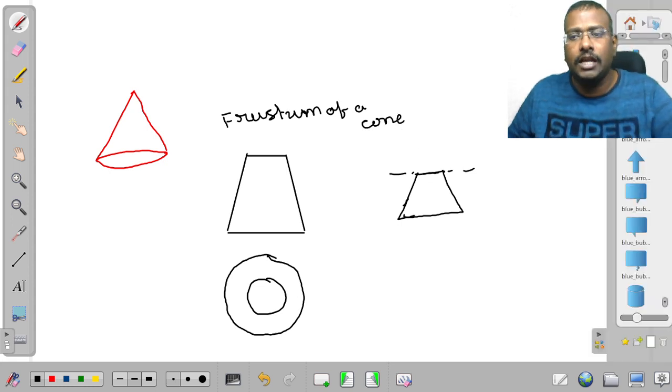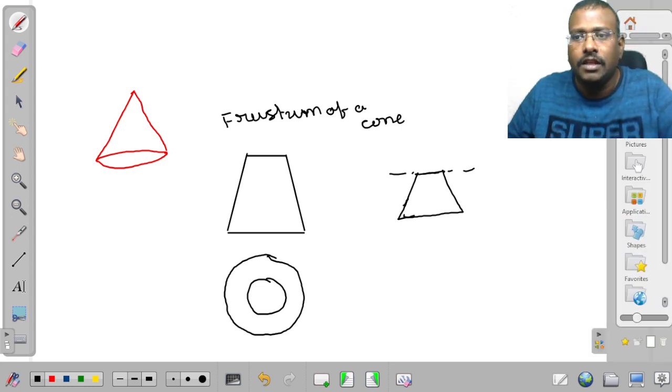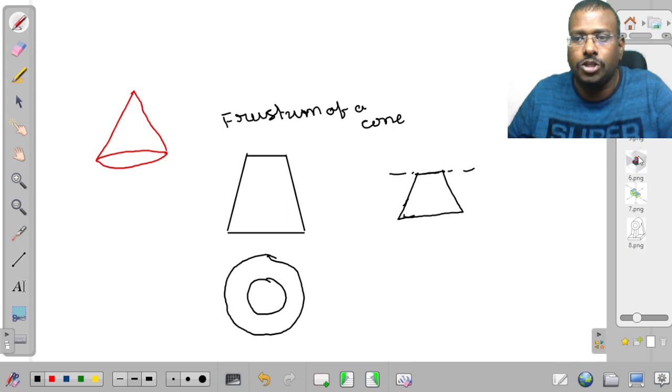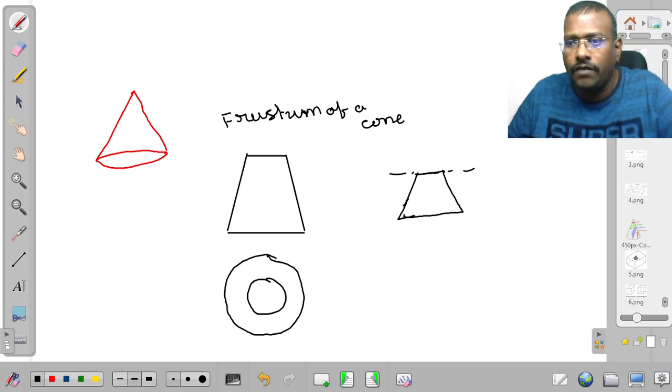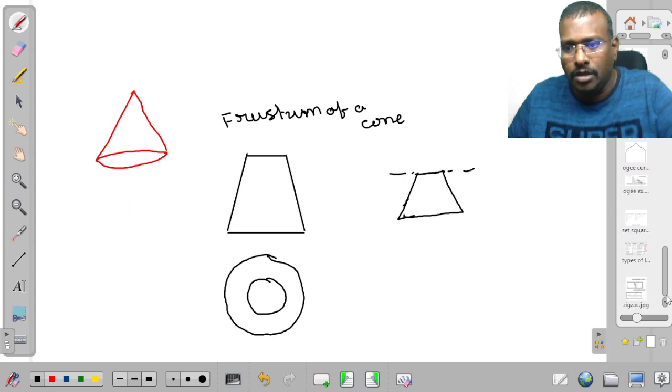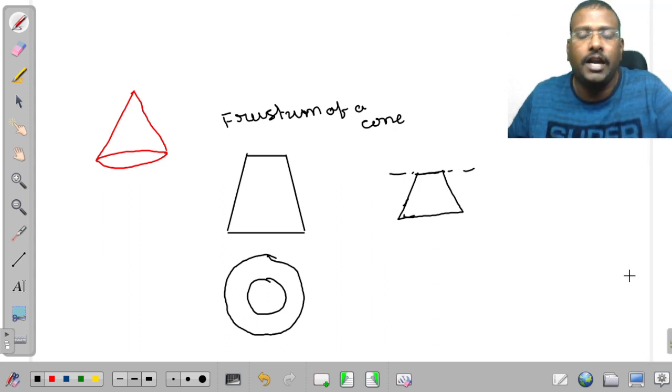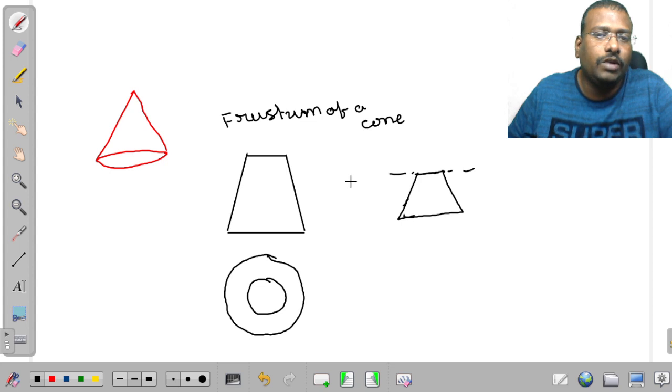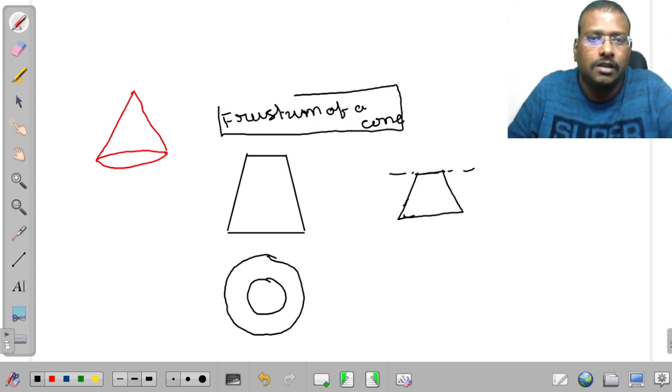So which one will be considered for representing the first and third angle projection? We are going to use the frustum of a cone for differentiating first angle and third angle projection. This is the important one, my dear friends.